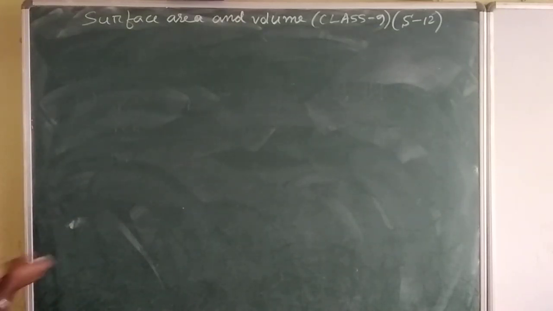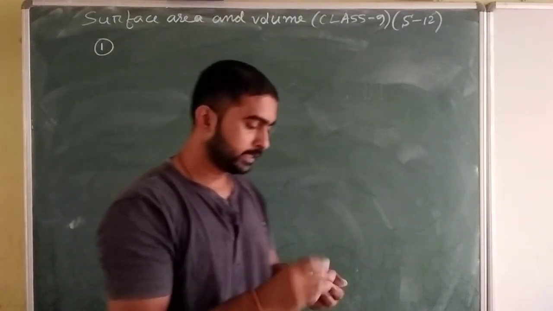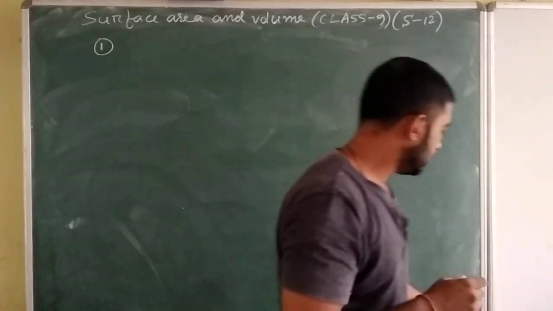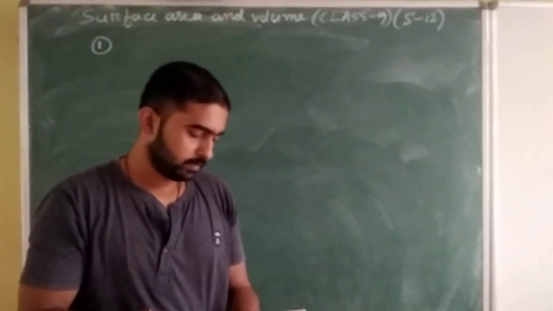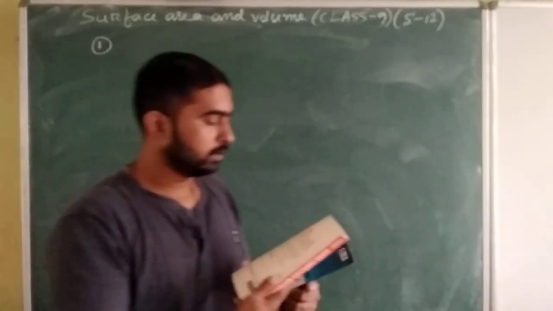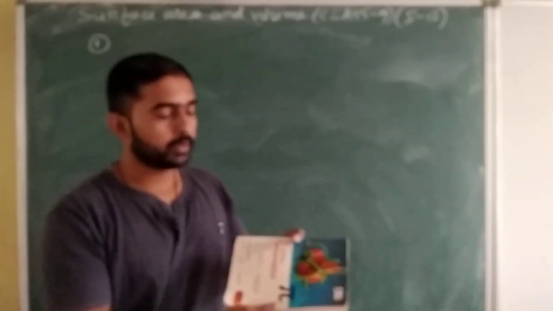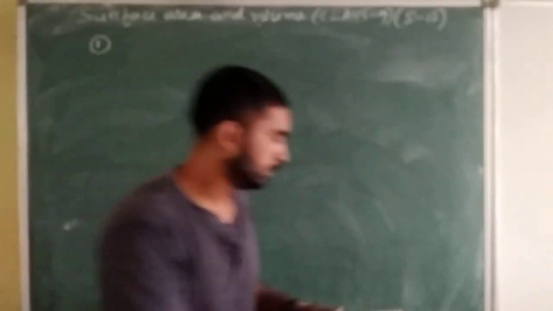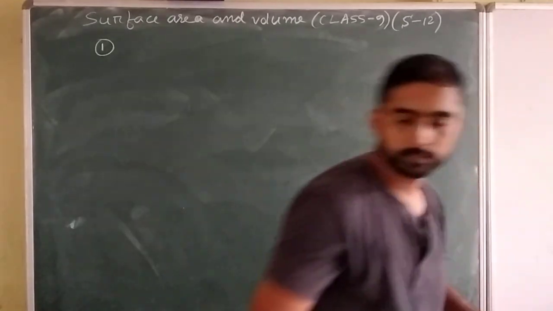Next will be cylinder. In case of cylinder, now this is a cylinder. Now, what is the curved surface of a cylinder? See, this one is a cylinder.